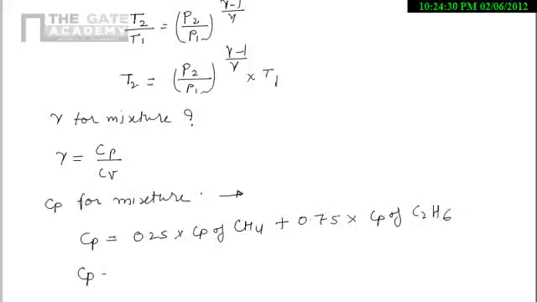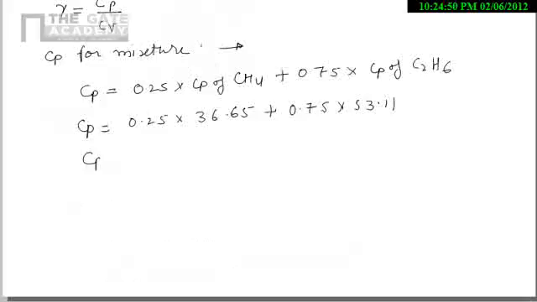So Cp of mixture is 0.25 into 36.65 plus 0.75 into 53.11. So Cp of mixture is 48.87 joule per mole Kelvin.